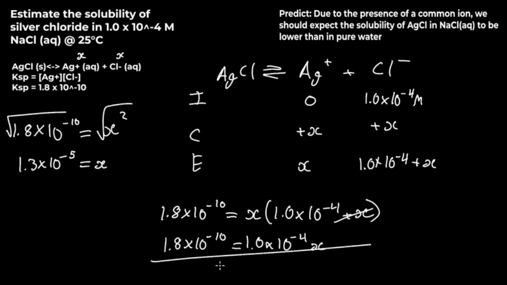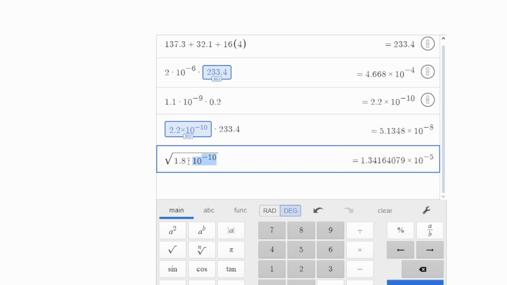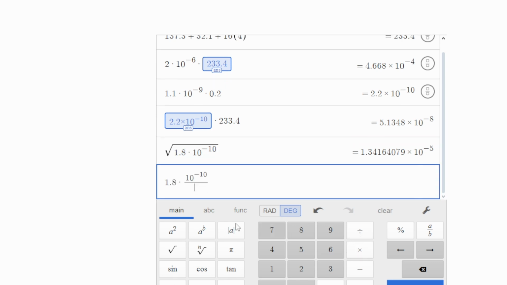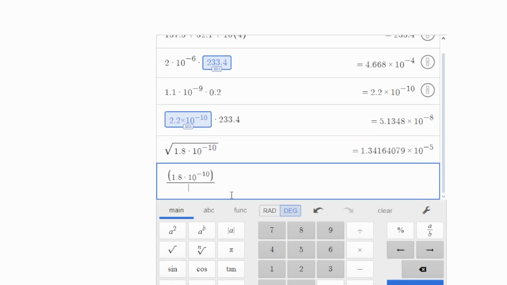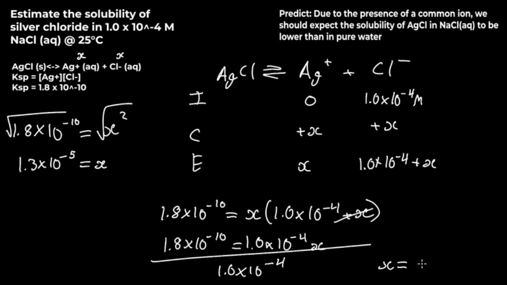We can divide everything by 1.0 times 10 to the negative fourth, and we will get 1.8 times 10 to the negative sixth molarity.